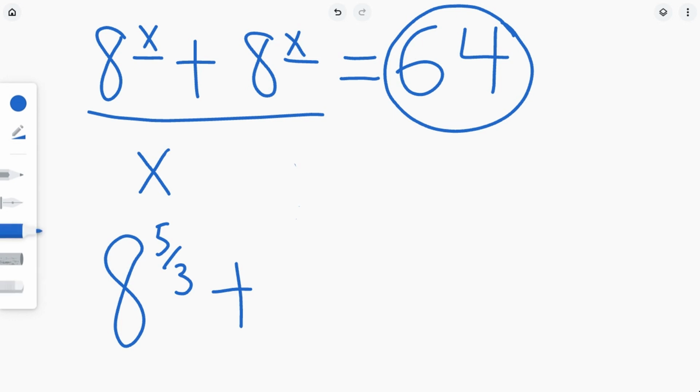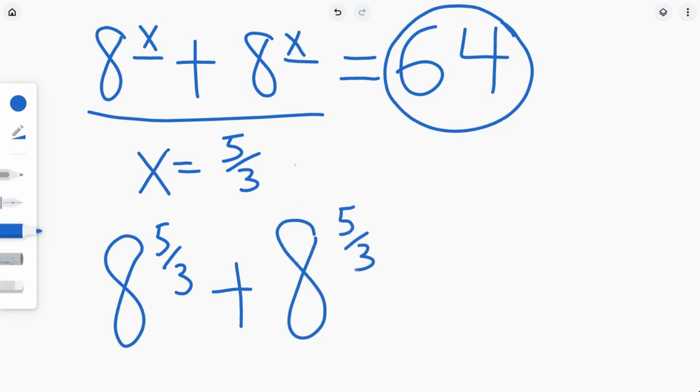So let me clean this. x is equal to 5 over 3. So 8 to the power 5 over 3, and both of these should give us 64. Now let me take you to 2 raised to the power of 3 is the same as 8, as we saw earlier.